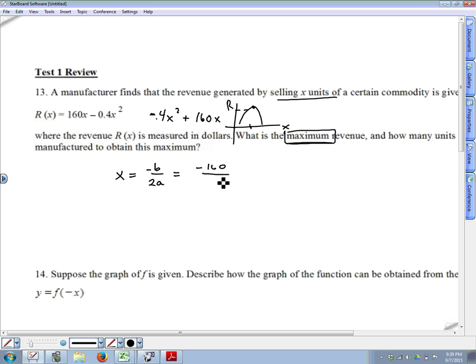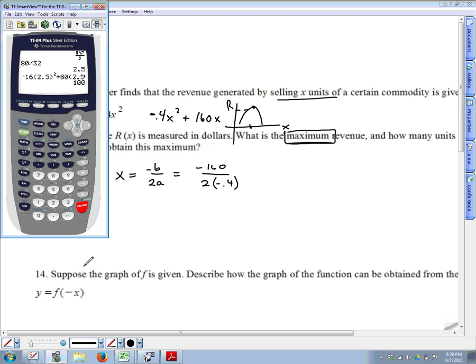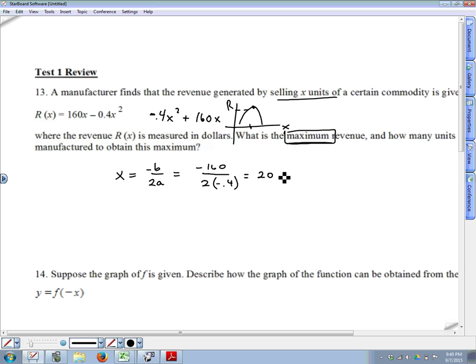So negative 160 divided by 2 times negative 0.4 is 200. Since this is x, you have to remember this is the number of units, so you have to sell 200 units to achieve maximum revenue.